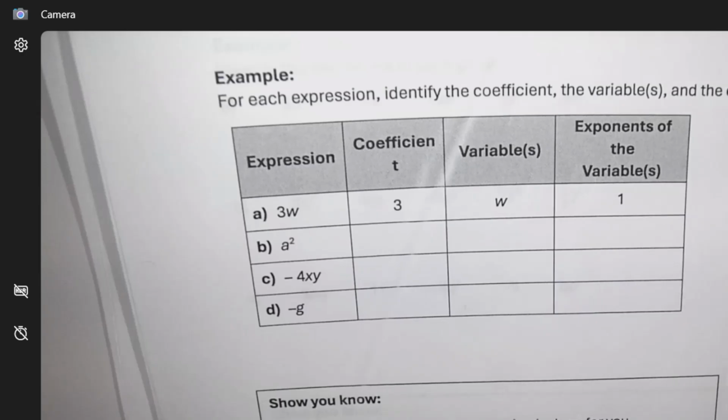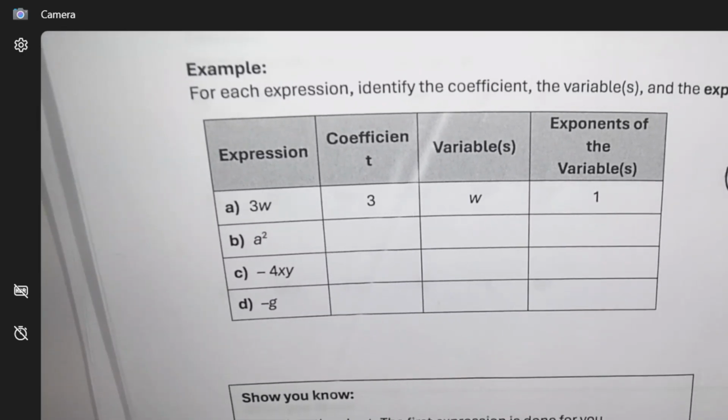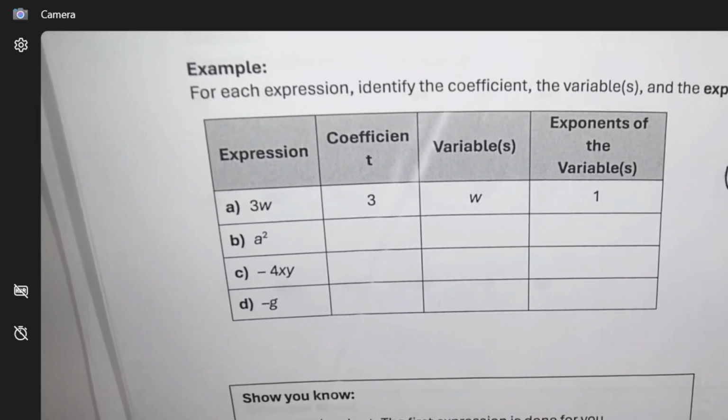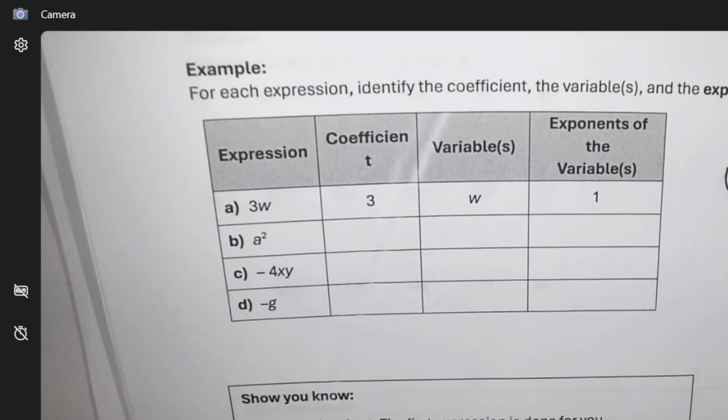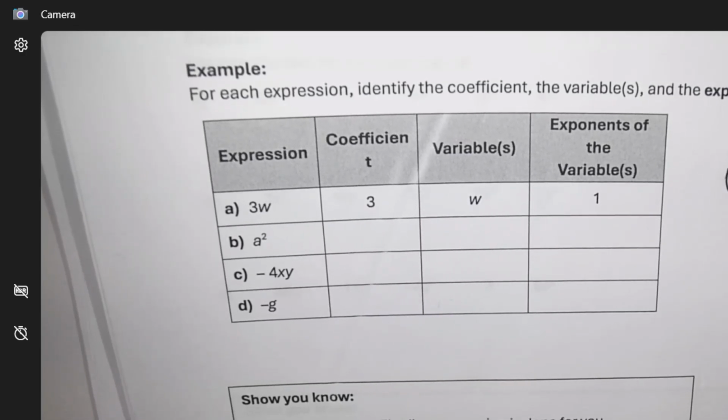Because if you have a w, that's really w to the 1. I just would never write that. As a coefficient, I wouldn't ever write 1x. I would just write x. So in math, a lot of the times, when you don't see something like that, it's just a 1.